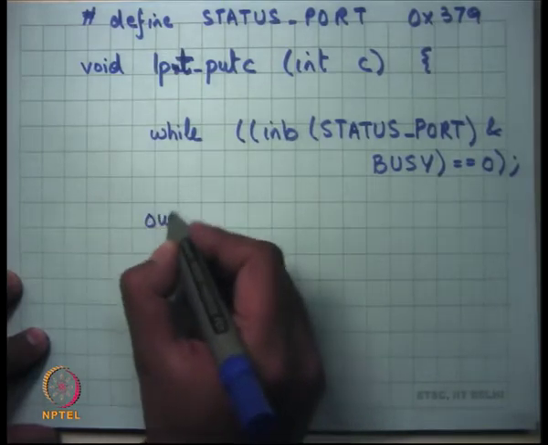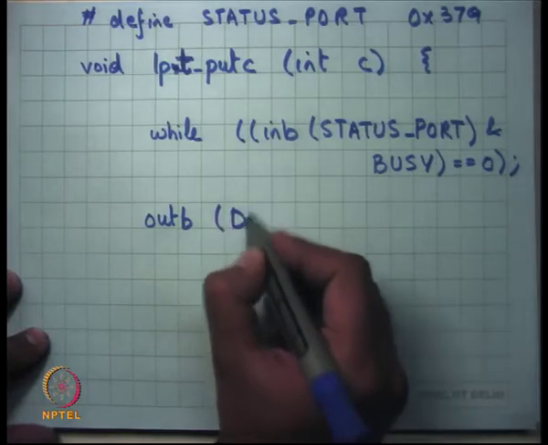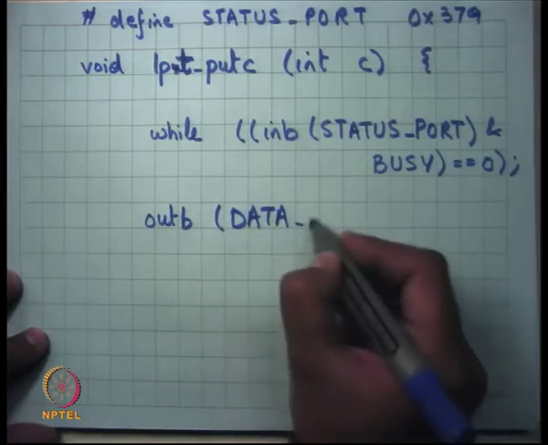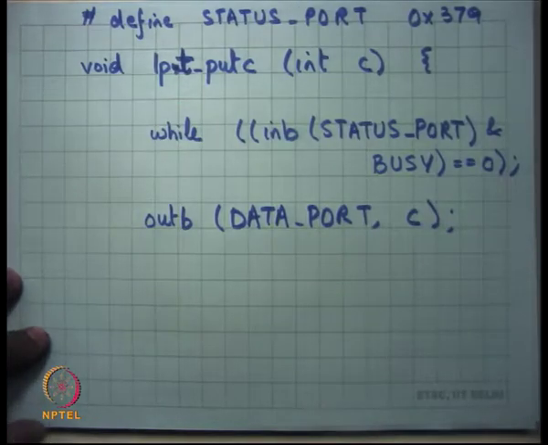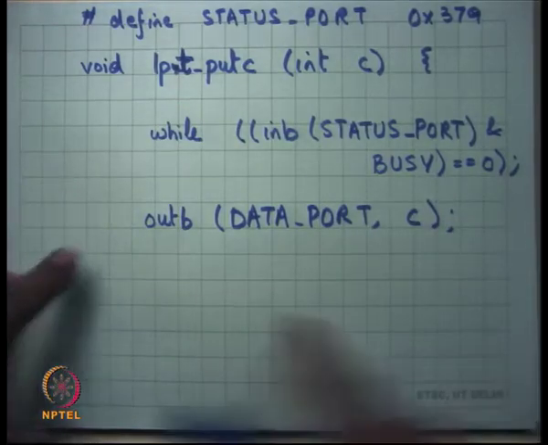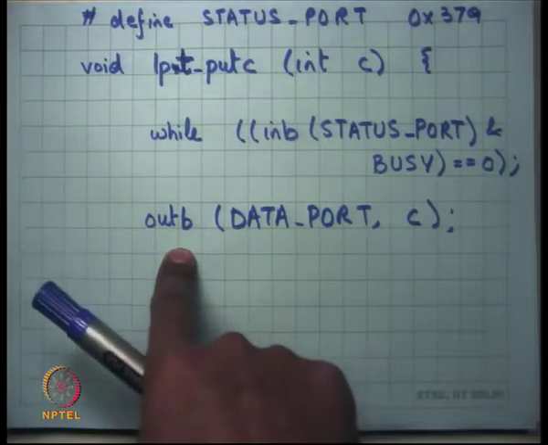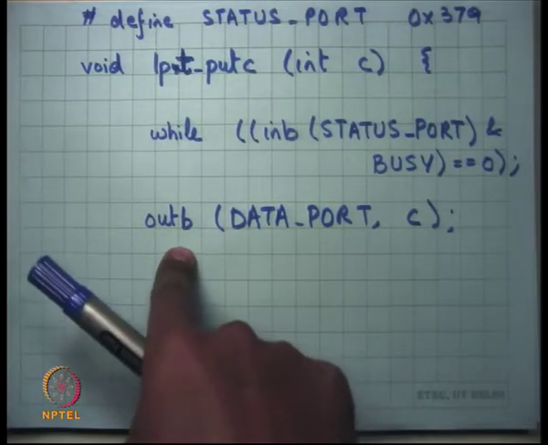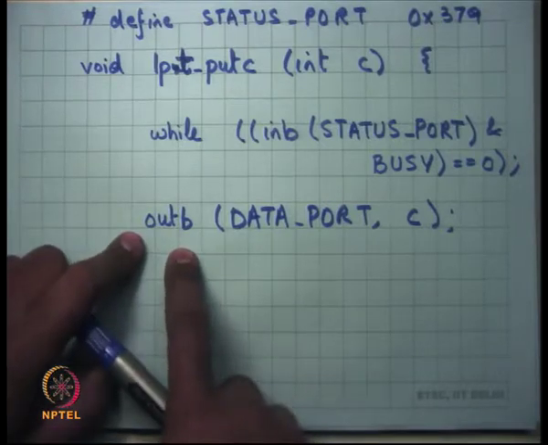At this point I know that the printer is not busy, and I can send character C to the data port. I am writing these as functions, but these functions are basically just single instruction functions that just execute the outb instruction.